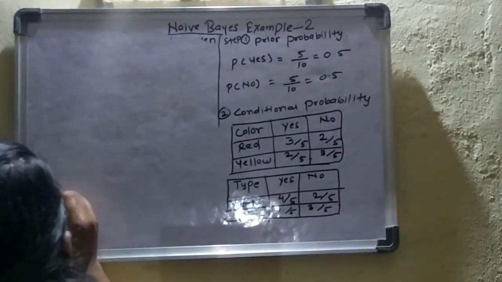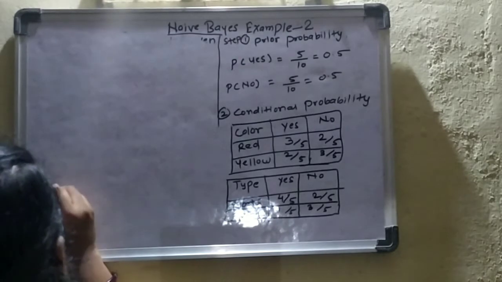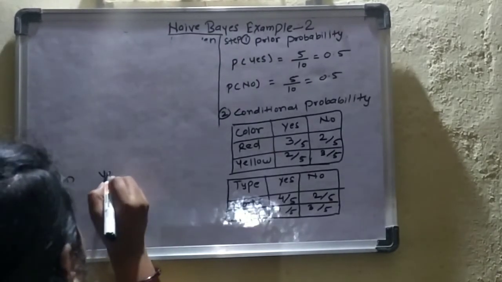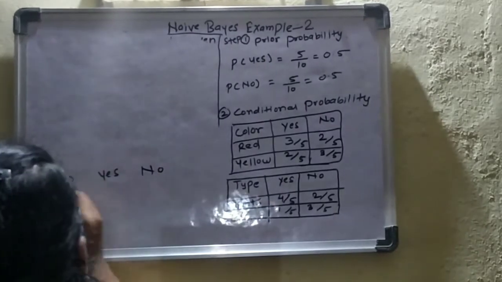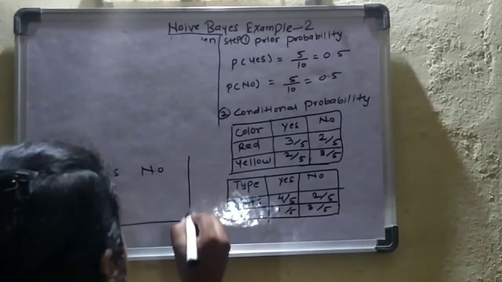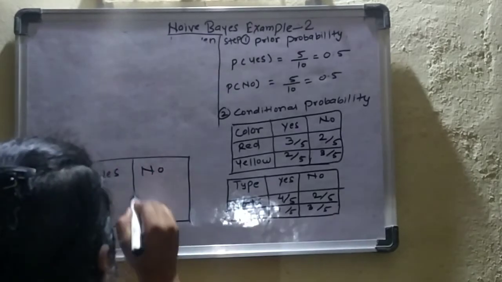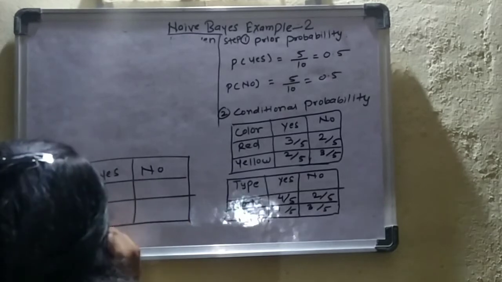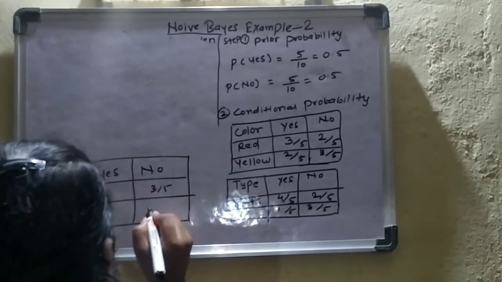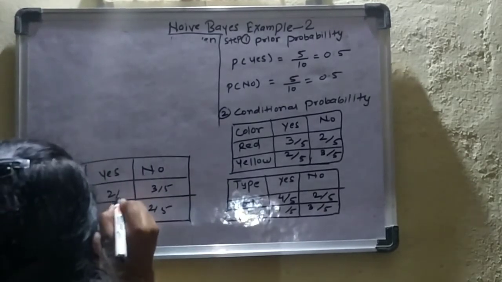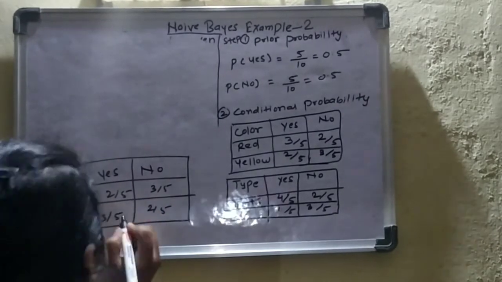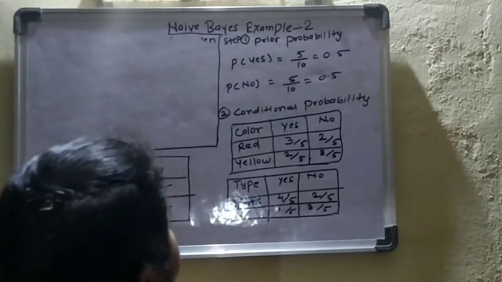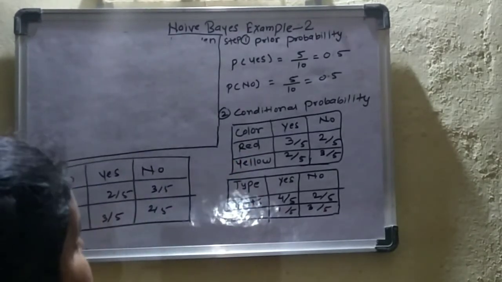Now the third table is for the origin. So origin is domestic and imported, yes and no. This is our step 2.